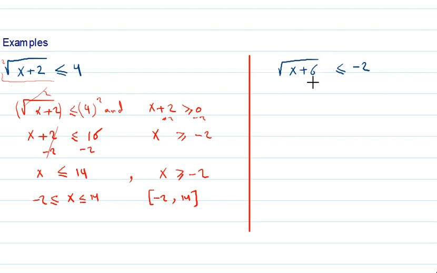We know that the expression inside the root is supposed to be positive, and a positive number can't be less than a negative number. So this is not right. In this case, we say there is no solution for this inequality.